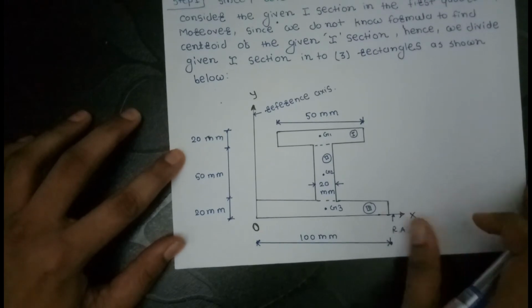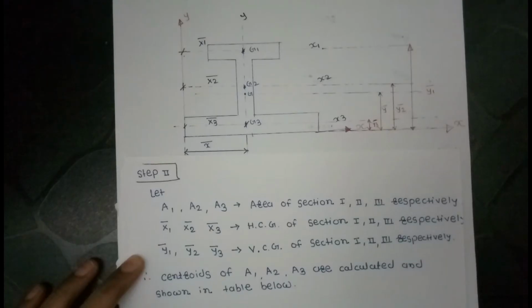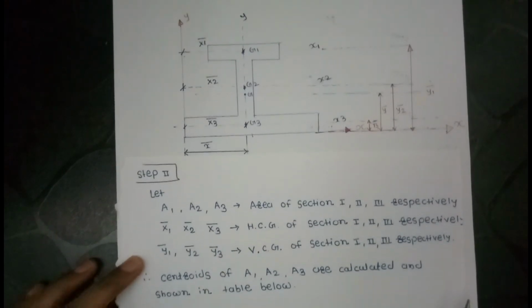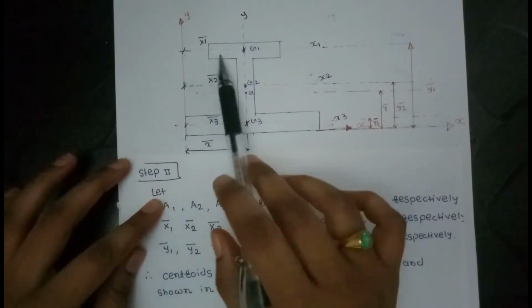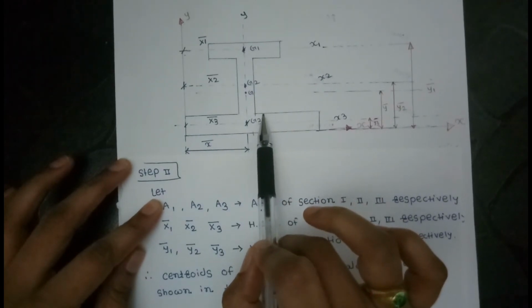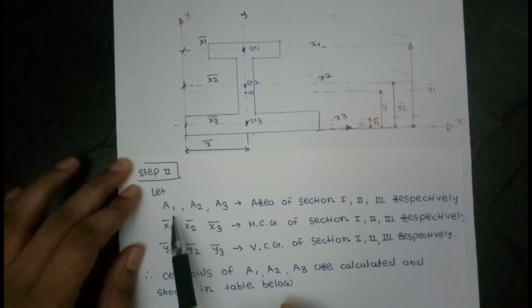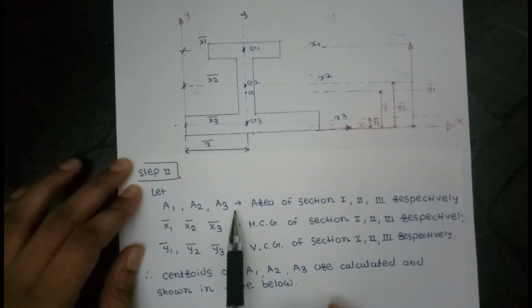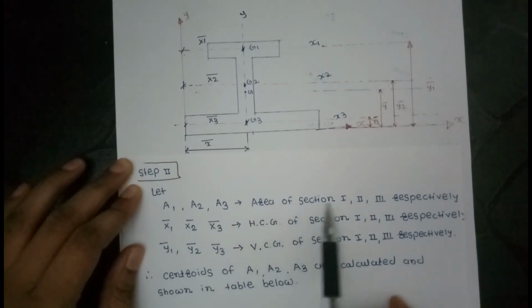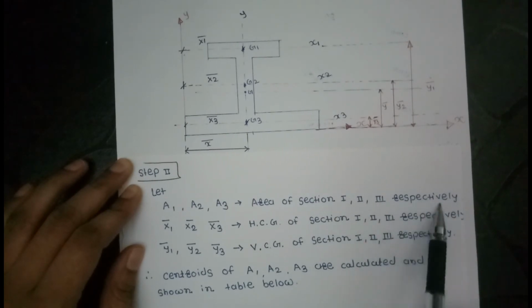So step second. This is the I section: top flange, web and bottom section. Let A1, A2, A3 be the areas of section first, second and third respectively.